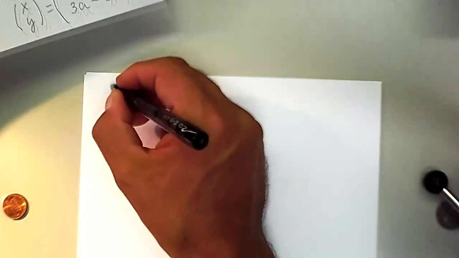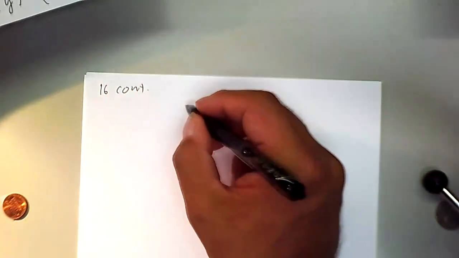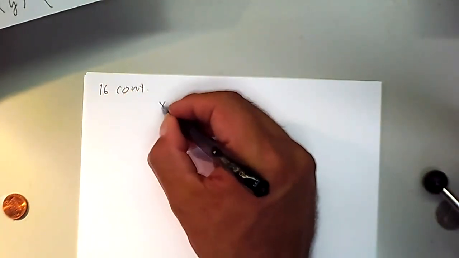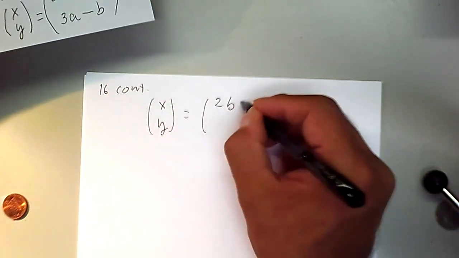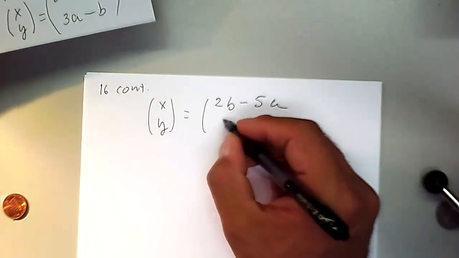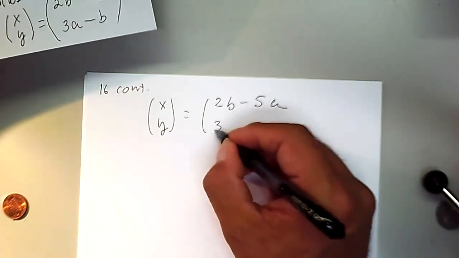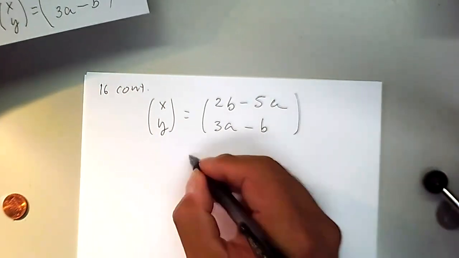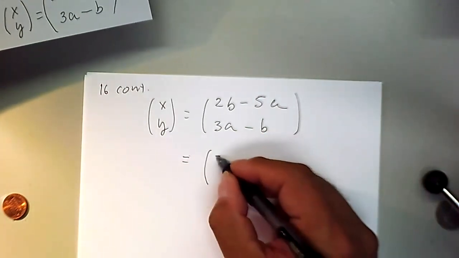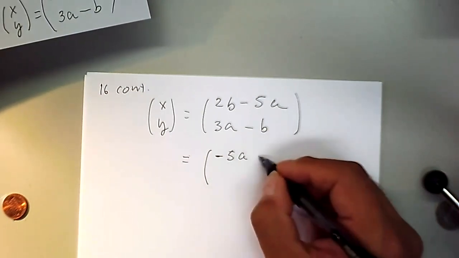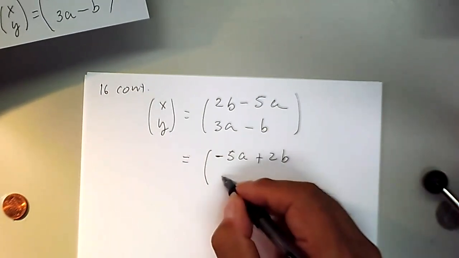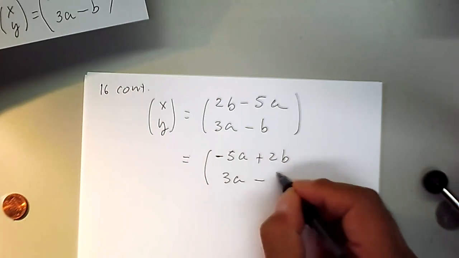So we're going to continue with this example, 16. Okay, so let me copy this down. xy is equal to 2b minus 5a, 3a minus b. Actually, I'm going to rewrite this and keep them in order: negative 5a plus 2b and 3a minus b.